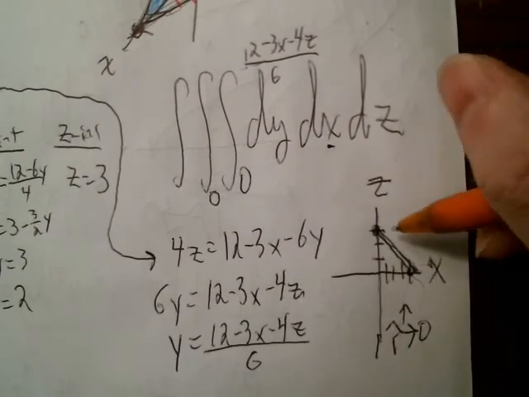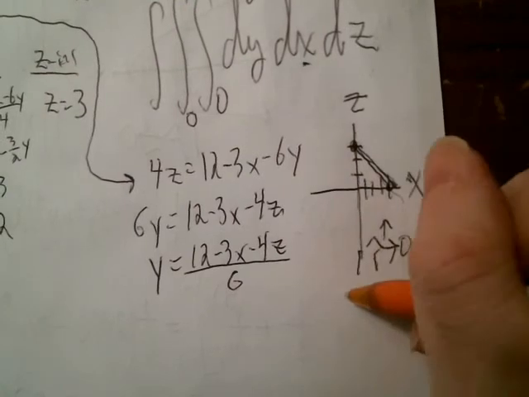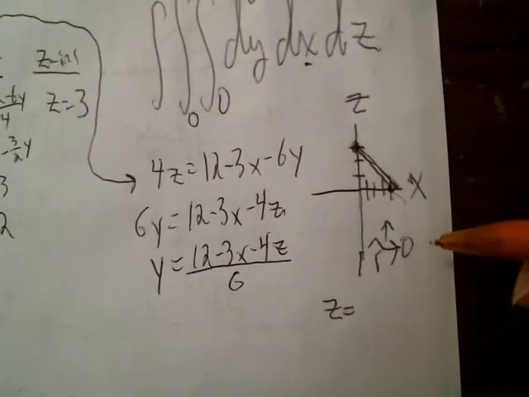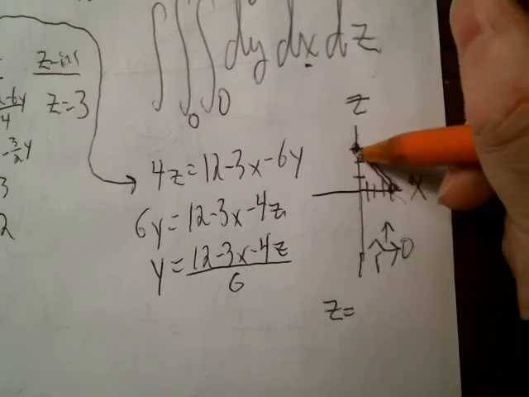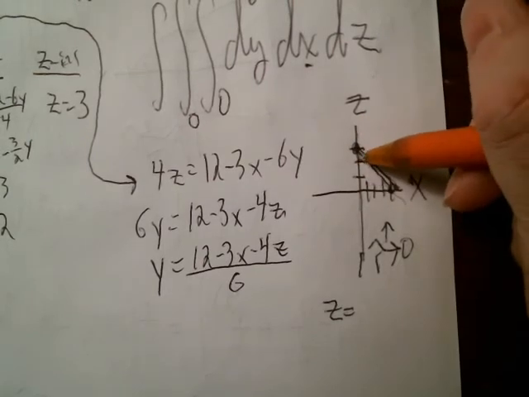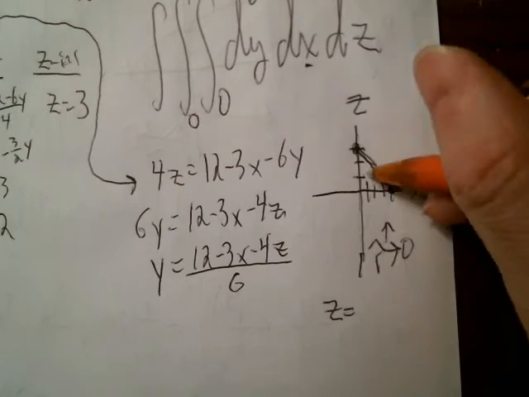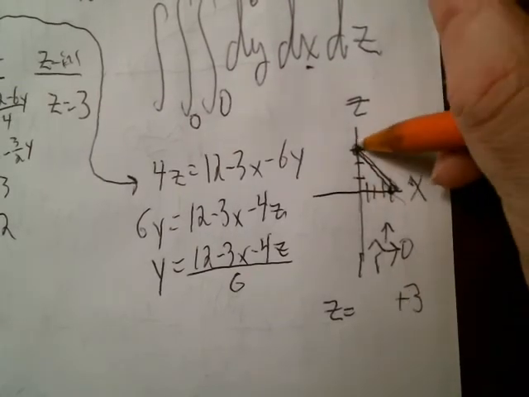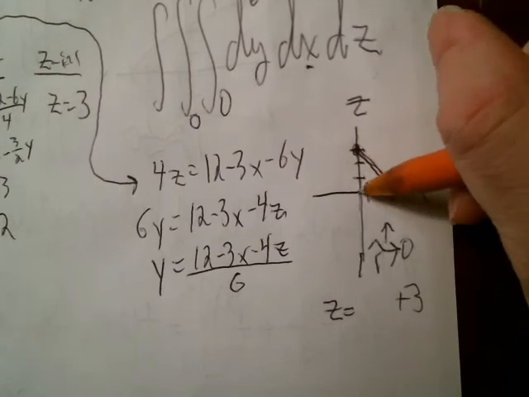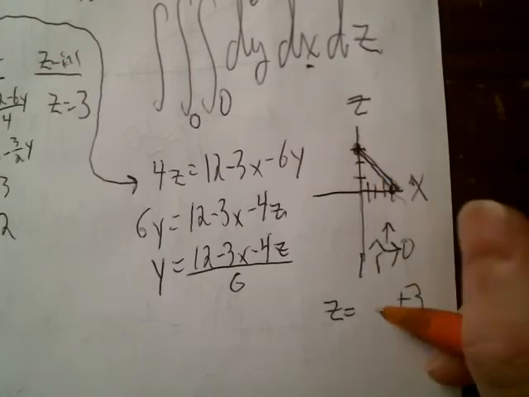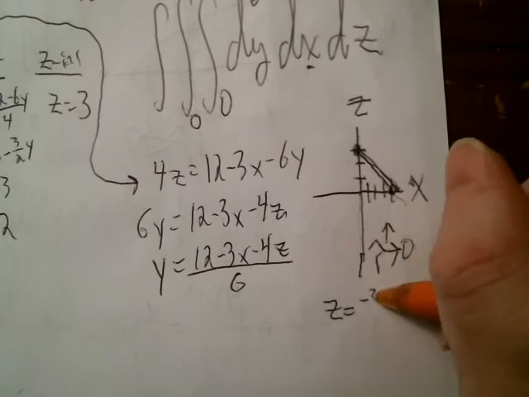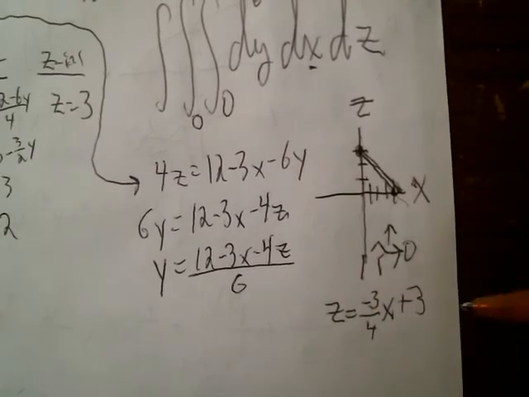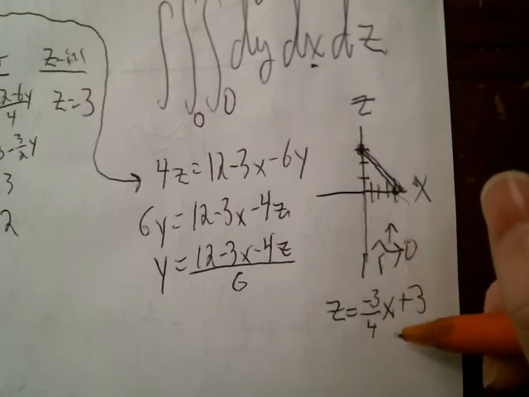So in terms of x, it would be z equals, you could get the slope, right? It intersects with the z-axis at 0, 3, so plus 3, but its slope is down 3 over 1, 2, 3, 4. So down 3 over 4 for the slope. And then you'd have to solve this for x.